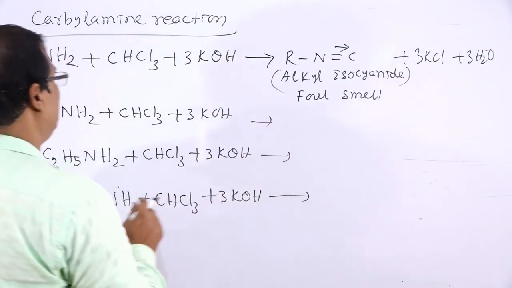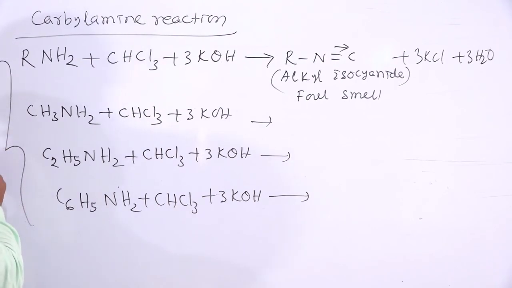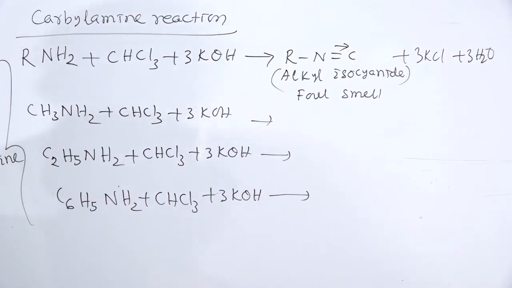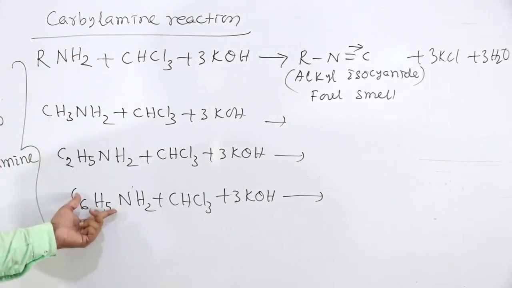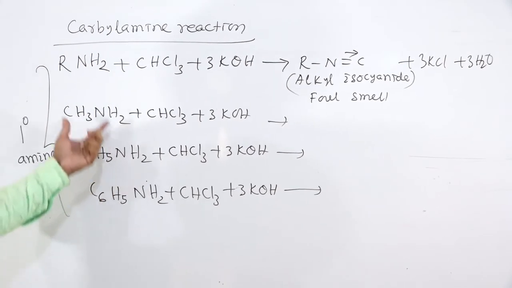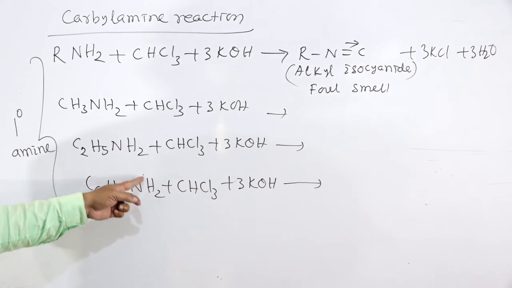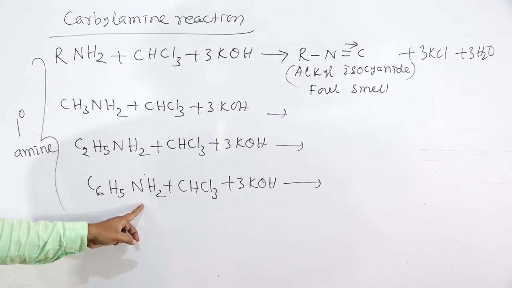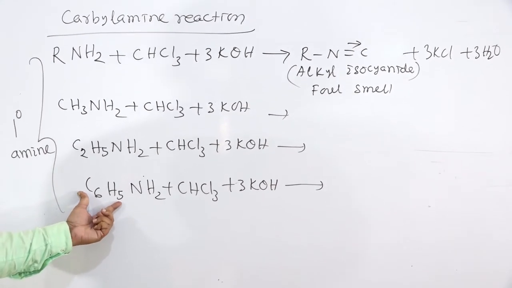Only primary amines show this reaction, neither the secondary nor the tertiary respond to that test. Aniline is also a primary amine, because one hydrogen atom of ammonia is replaced by the aryl group, the C6H5 phenyl group.